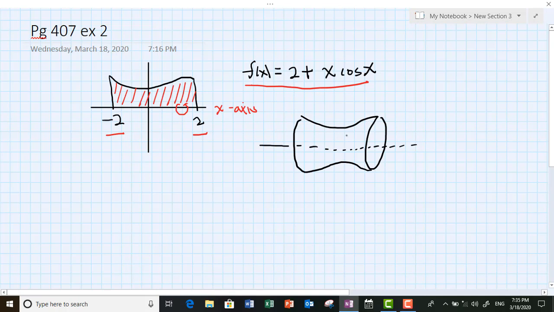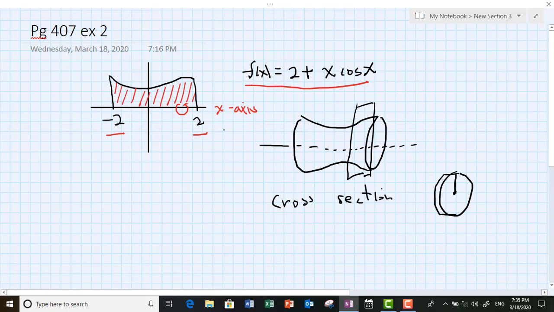Now again, when you get a cross section, let's say you cut the volume of the solid vertically. The cross section will be a disk. And basically what we need to do is accumulate the volume of a disk, which is from -2 to 2.